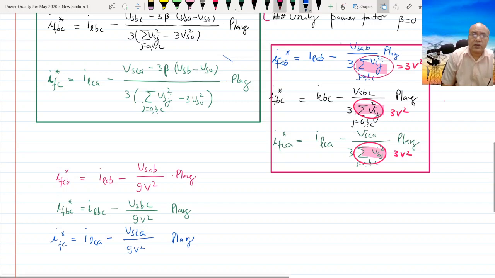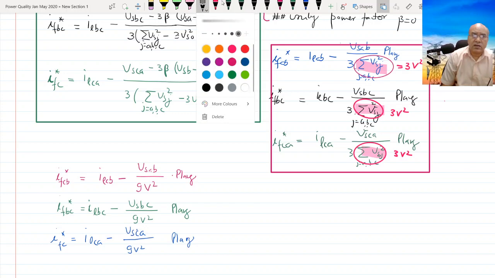Okay, is that making sense? Sense means whether it is matching our common sense of understanding this particular thing.